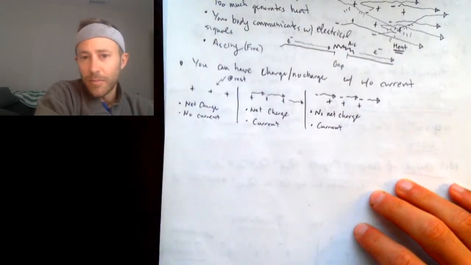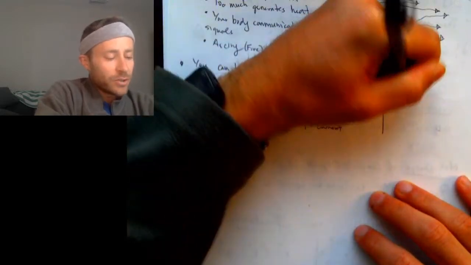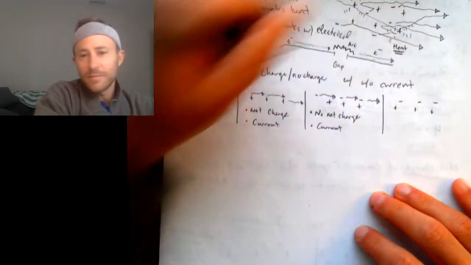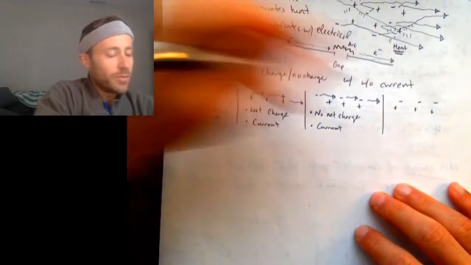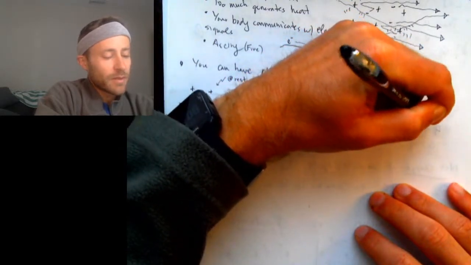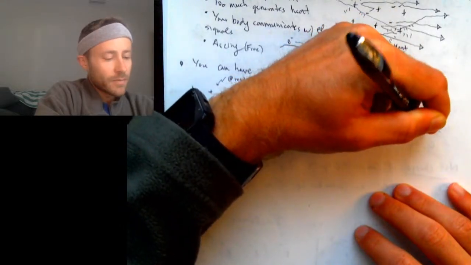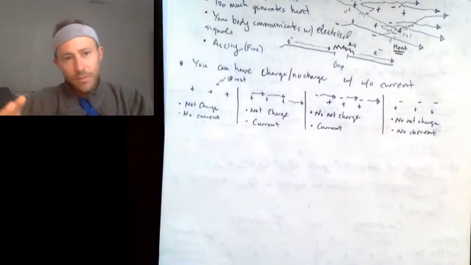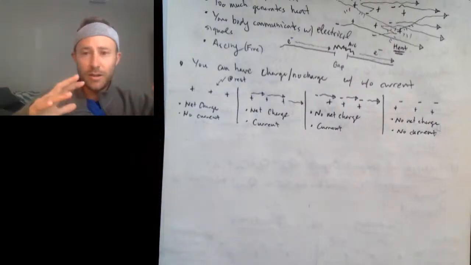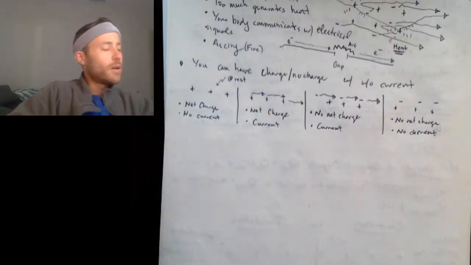And lastly, you could have negative charges at rest and positive charges at rest. So this would be no net charge and no current. So net charge and current are sort of independent of each other, depending on the structure of what's going on.